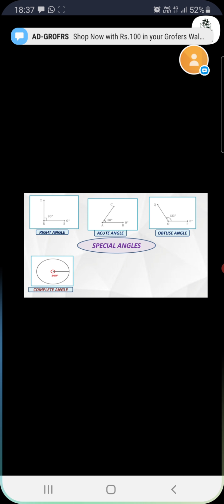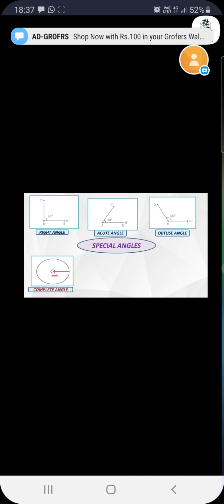Now we will be seeing some special angles. Look at the first angle. This angle marks a complete angle, and this complete angle measures 360 degrees. It will just make a circle.